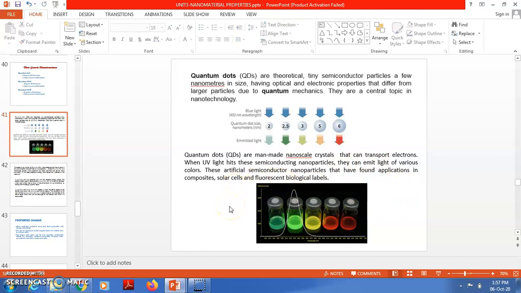When ultraviolet light hits this semiconductor nanoparticle, it can emit light of various colors. These artificial semiconductor nanoparticles have found application in composite solar cells and fluorescent biological labels.